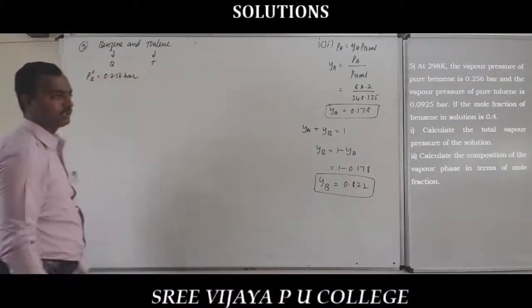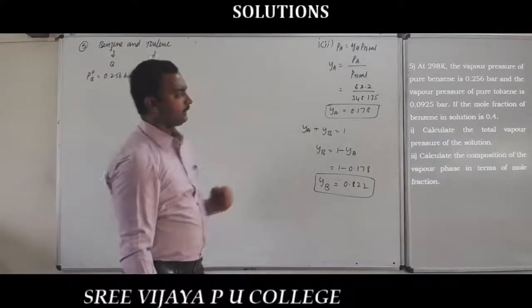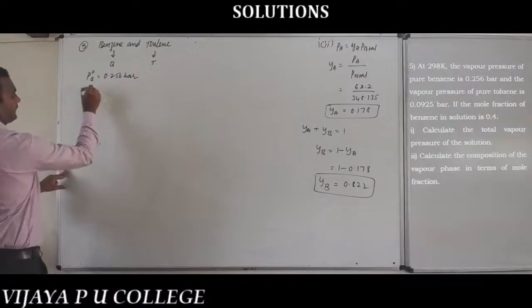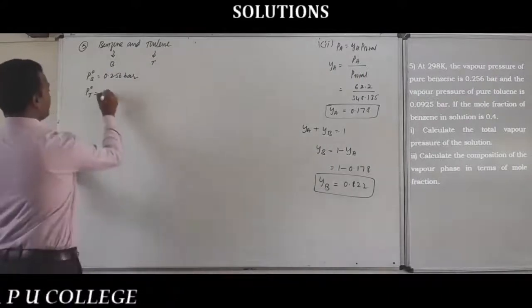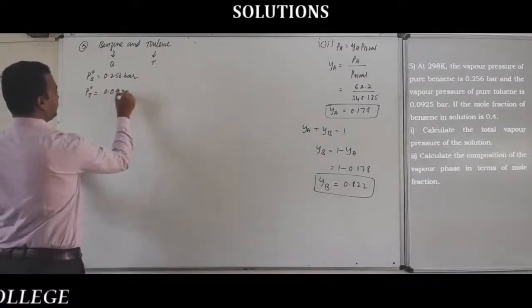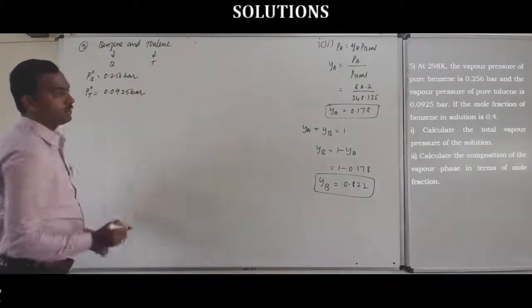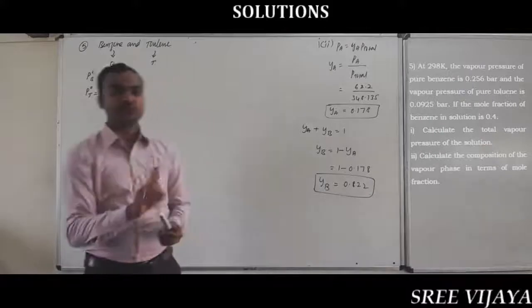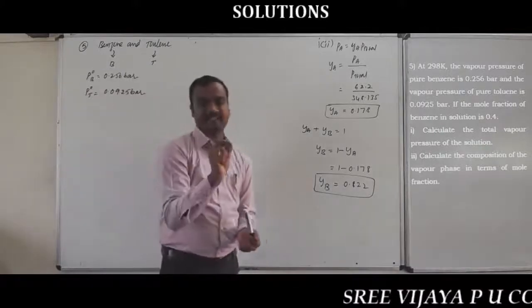Bar is the unit of pressure. And the vapor pressure of pure toluene is taken as P0T, that is 0.0925 bar. The mole fraction of benzene in solution phase is taken as X. X is the mole fraction.